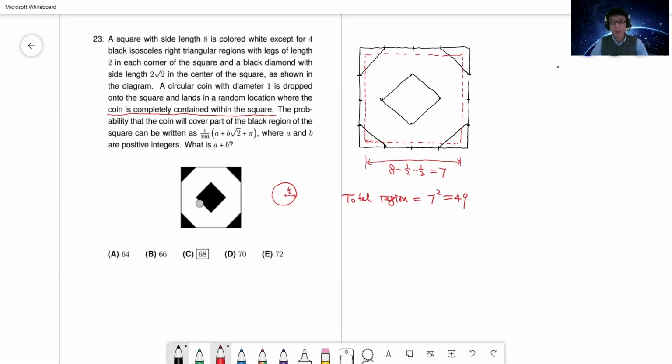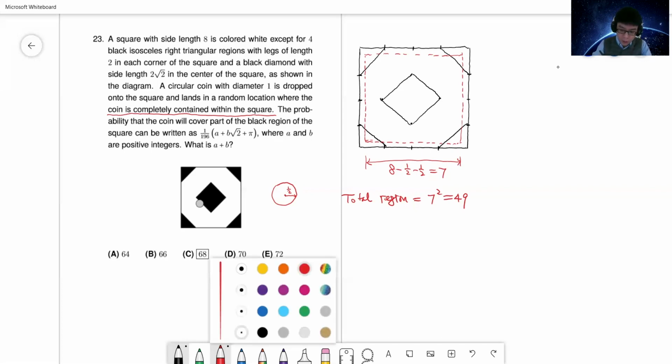Next, we consider the region for the center of the coin such that the coin touches the black region. In order to touch the black region, the distance from the center to the black region is less than 1/2. So here we draw the line that's 1/2 away from this black region.